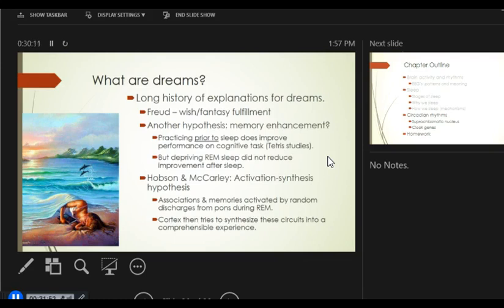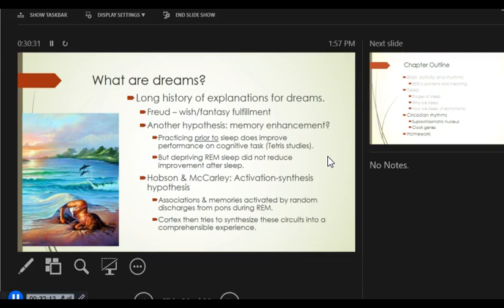That'd be cool. Another explanation, and this one is maybe the least satisfying to a lot of people, is from Hobson and McCarley, something they call the activation synthesis hypothesis. It's almost arguing that dreams are accidental mishaps of how our brains are wired.